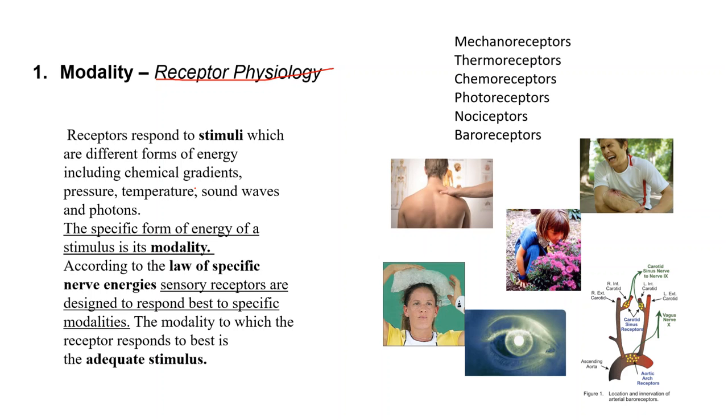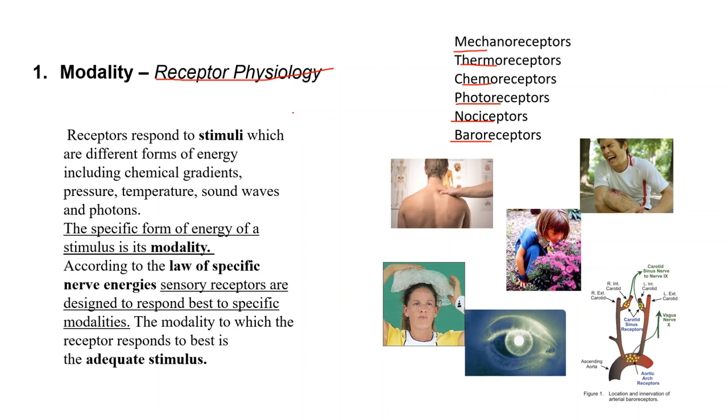And we have already talked about this because we have introduced the fact that specific receptors can respond to mechanic stimuli, thermal stimuli, chemical stimuli, photonic like light stimuli, pain stimuli, and pressure stimuli as well. Okay, so this is the modality.